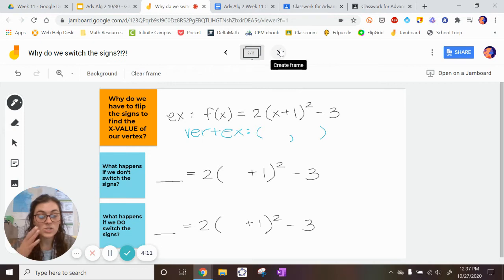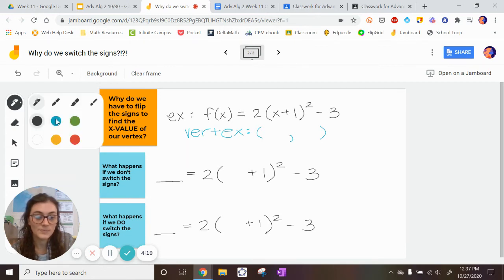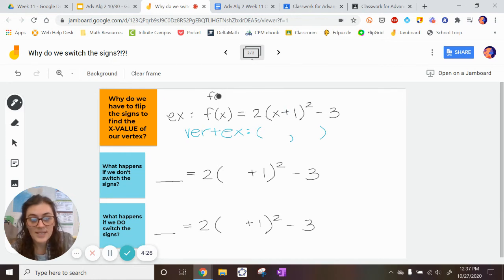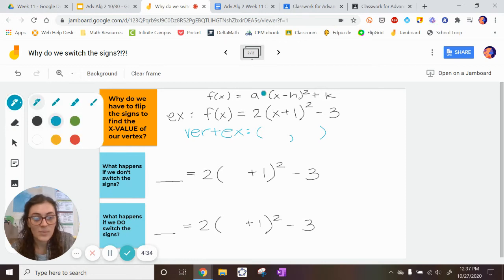We're going to do something super similar with vertex form. So here I have f of x equals 2 times x plus 1 squared minus 3. Again, when we were dealing with our x value, the original way to write vertex form is f of x equals a times x minus h squared plus k. So let's compare it.